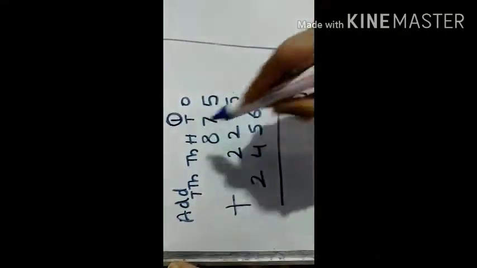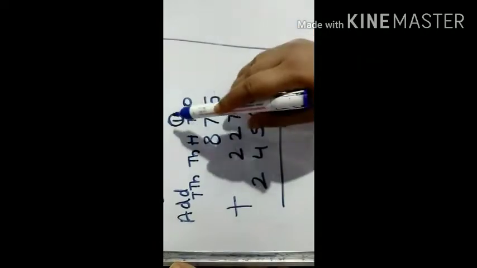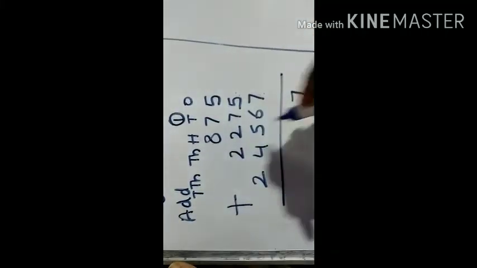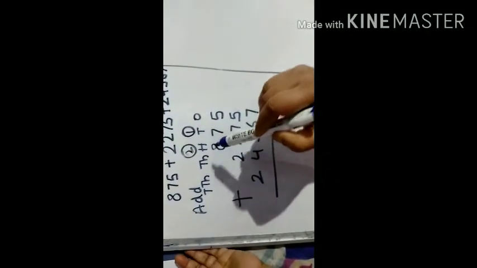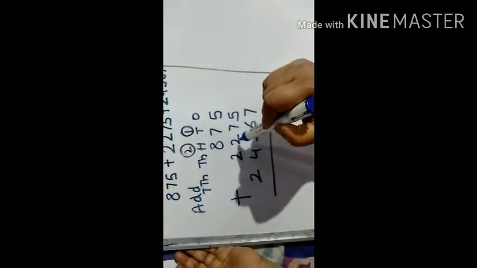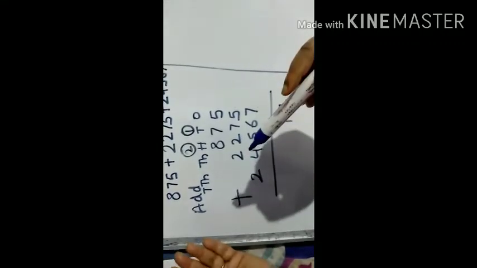So write 7 here, carry 1. 7 plus 7, 14. 14 plus 6 is 20. 20 plus 1, 21. So 1 here, 2 carry 1. Now 2 plus 8 is 10. 10 plus 2 is 12. 12 plus 5 is 17.